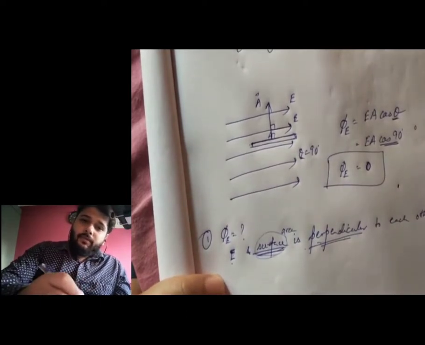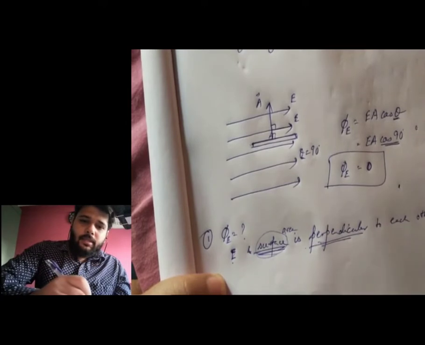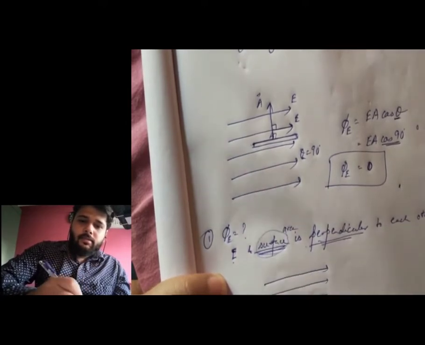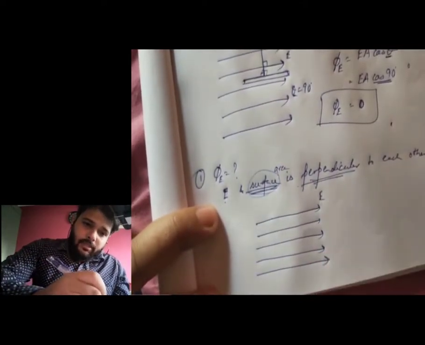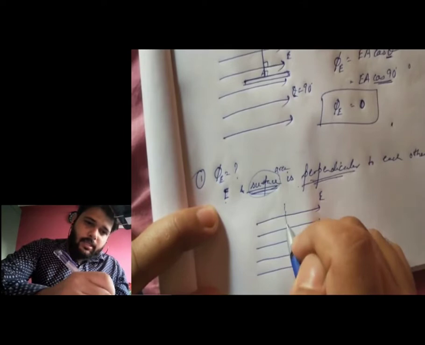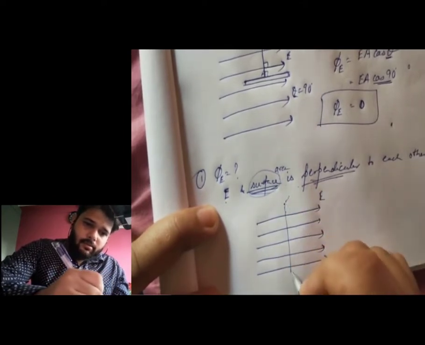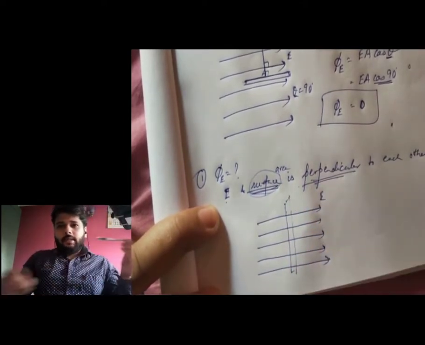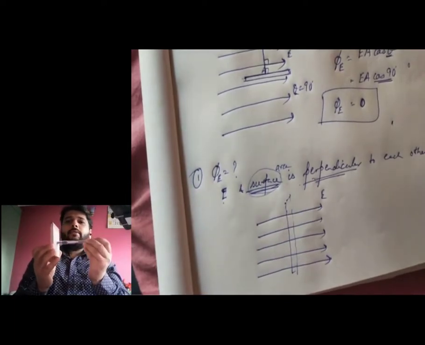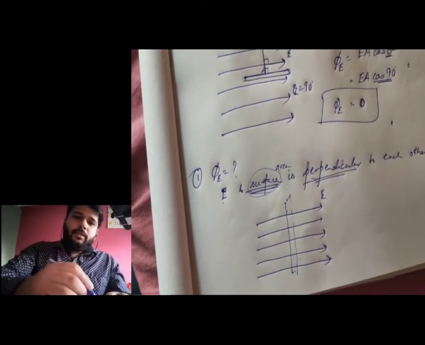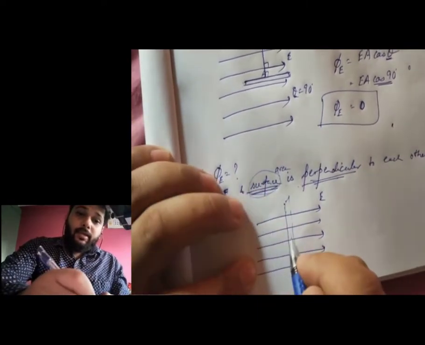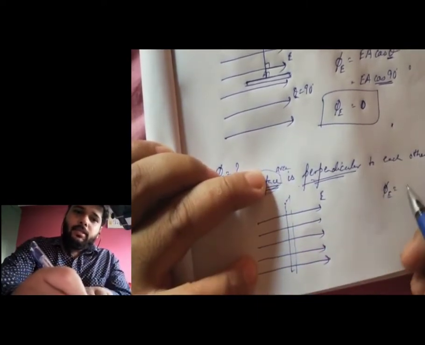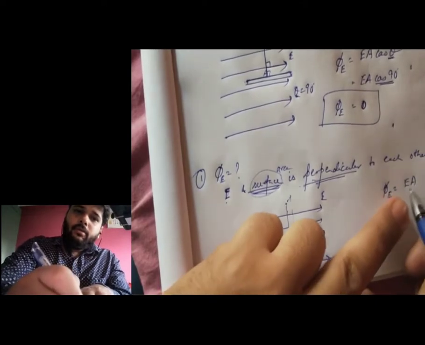So when the surface is perpendicular, this is the electric field, and the surface is in this direction, like this. The electric field and the surface are perpendicular to each other. Now, to calculate electric flux, we must have EA cos theta.